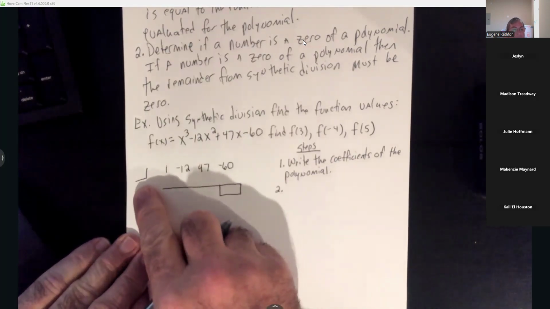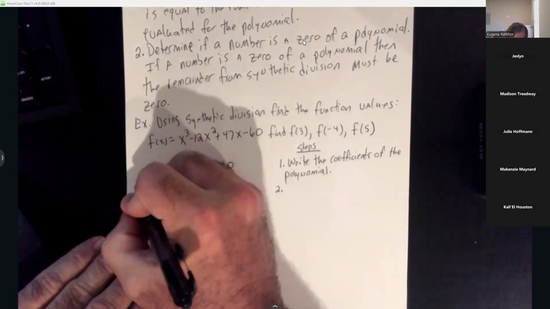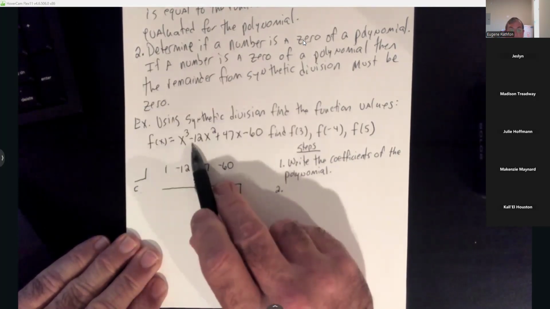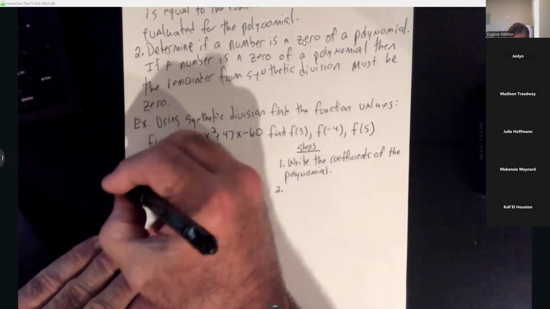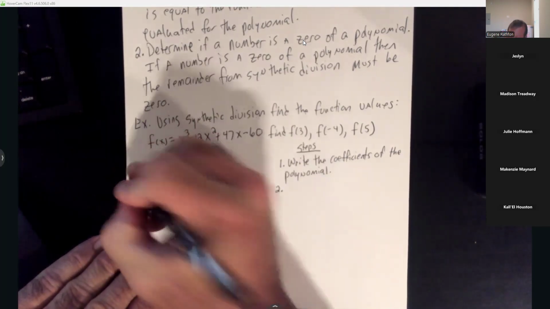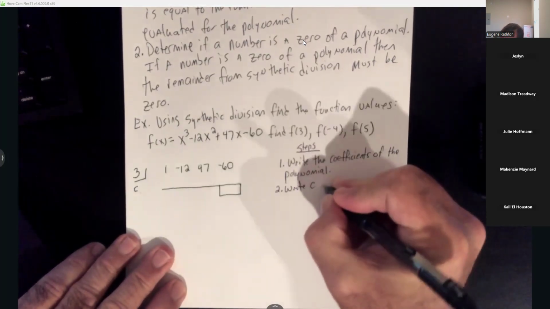Now over here is the number we're evaluating. We call this our C. C is the number we're evaluating here. So if I want to find f of 3, then C would be 3, okay? So write C to the left.